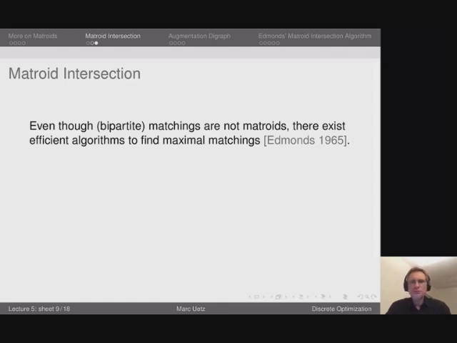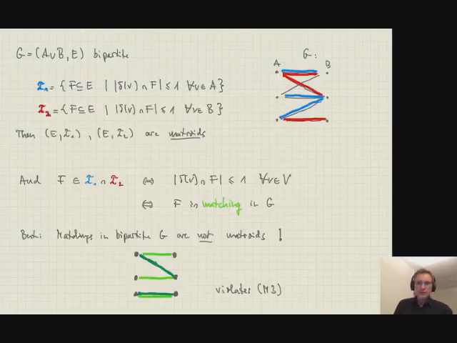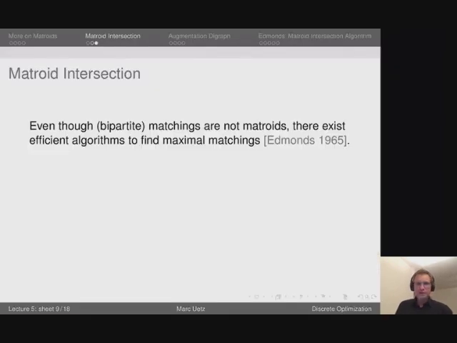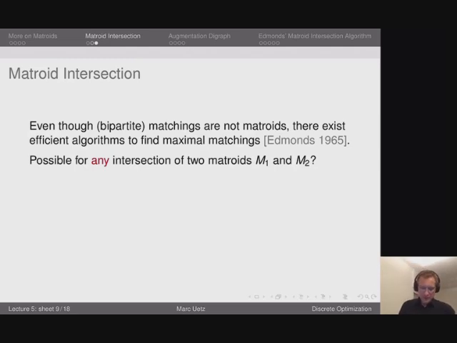But an interesting question would be whether the fact that we can efficiently find matchings in bipartite graphs is a coincidence, or can it be attributed to the fact that matchings in bipartite graphs can be expressed as the intersection of two matroids? And that is the question.